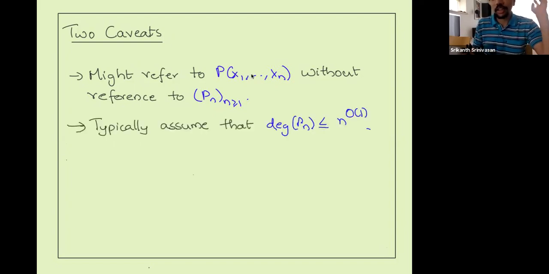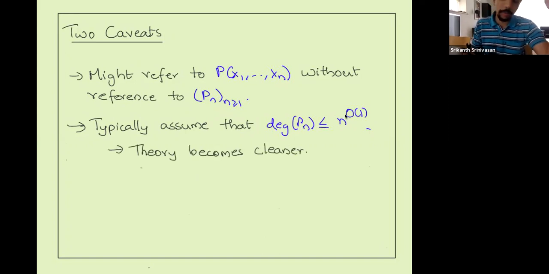And another caveat that I will make throughout this talk, and is standard in this area, is to assume that we work with polynomial sequences where the degrees are moderately bounded. So what do I mean by that? If I look at the nth polynomial in the sequence, which depends on n variables, the degree is upper bounded by a polynomial function of n. It's upper bounded by n squared or n cubed or some fixed polynomial function of n. So why do this? Strictly speaking, it's not required, but if you do this, the entire theory that we're talking about becomes a little bit cleaner.